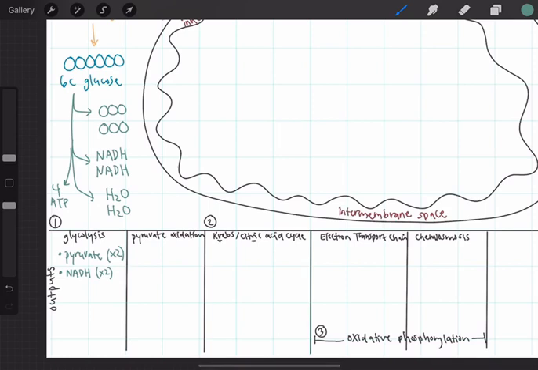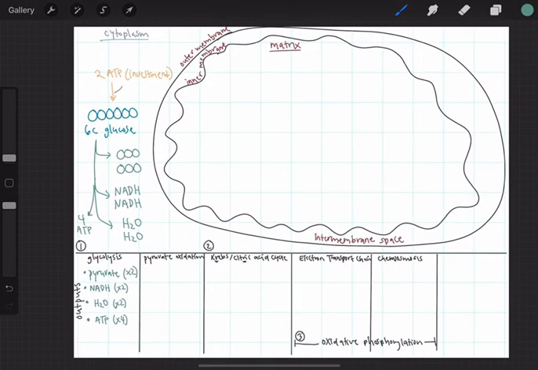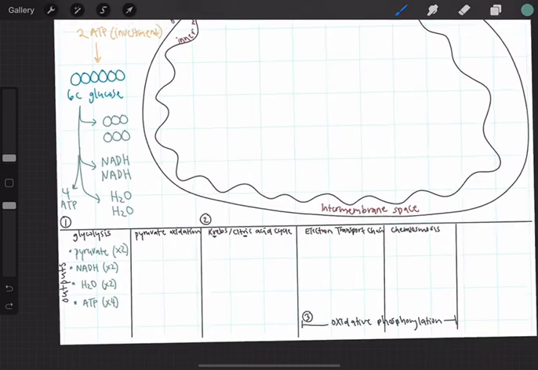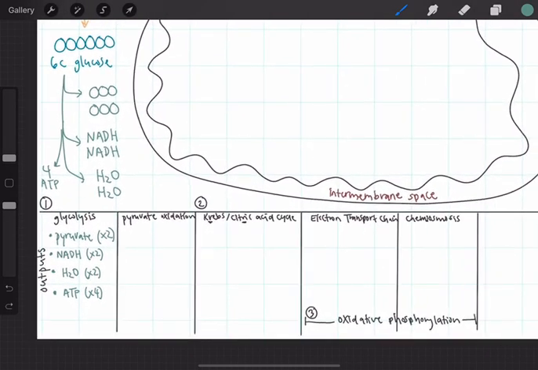They are each carrying 2 electrons and 1 proton. We also have water created. We have 2 water. And we also have ATP. So technically we created 4, but we have to remember that 2 molecules of ATP were invested. So we have to take that into consideration when we account for the net ATP generated by glycolysis.